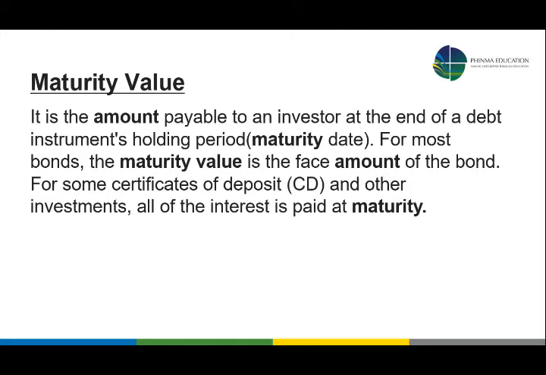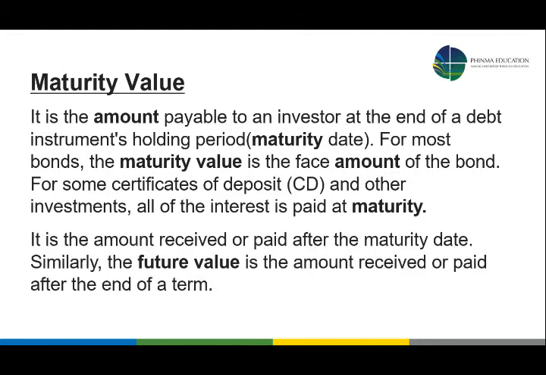For some certificates of deposit and other investments, all of the interest is paid at maturity, or we can say that it is the amount received or paid after the maturity date. Similarly, the future value is the amount received or paid after the end of a term. So in simple interest, don't be confused, maturity value and future value are the same. It is denoted by letter F.